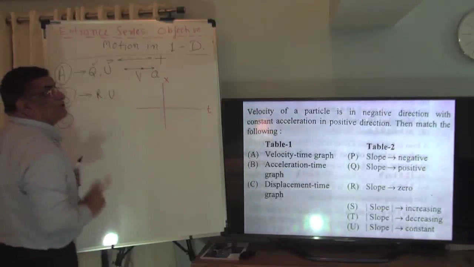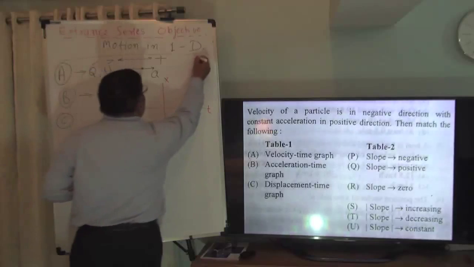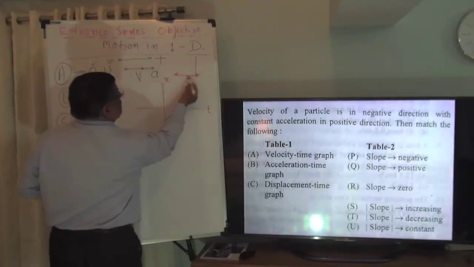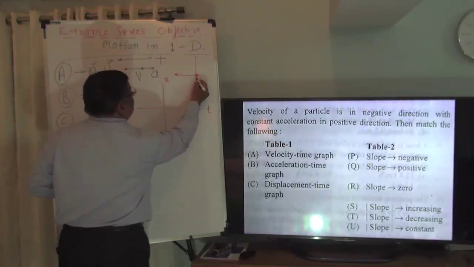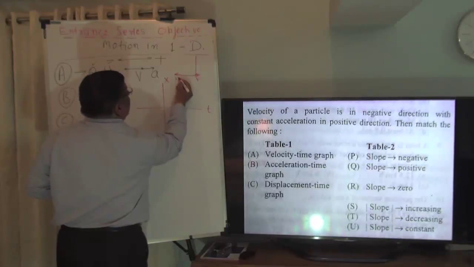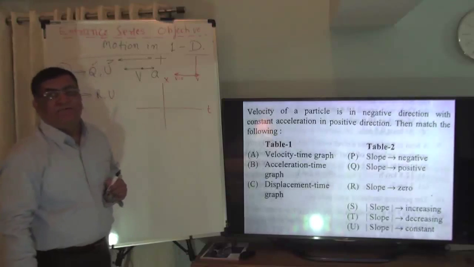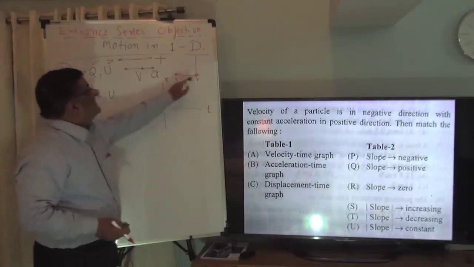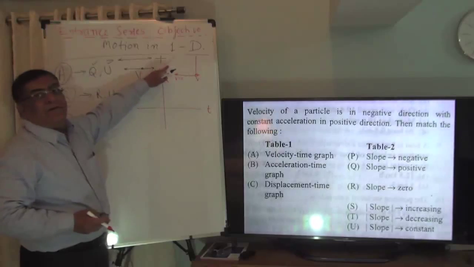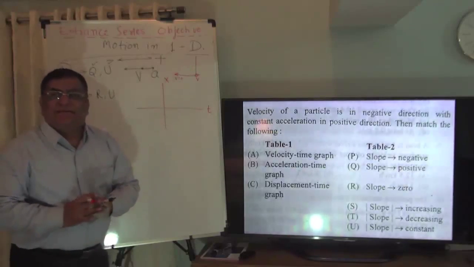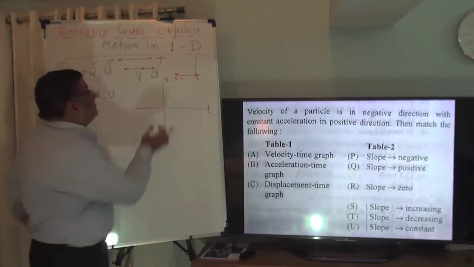You have seen the pendulum. The velocity is in this direction. Here velocity is large. Here velocity has become zero. Now what is happening to the displacement? Answer, displacement is here. Positive or negative? Negative.